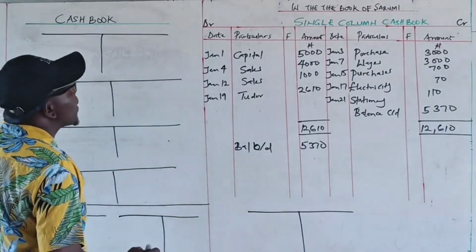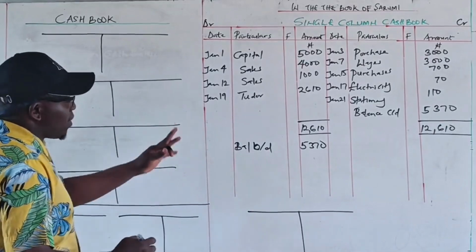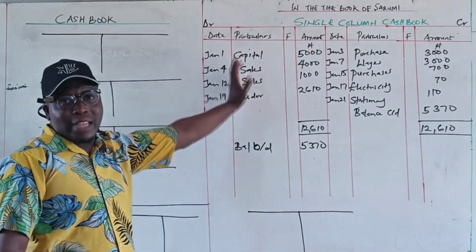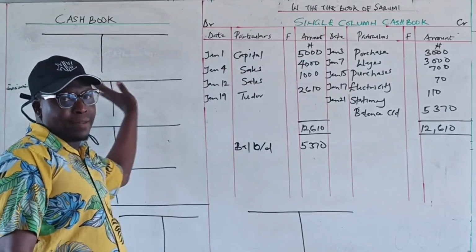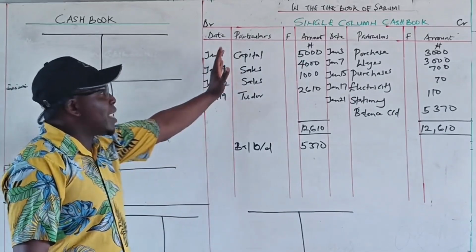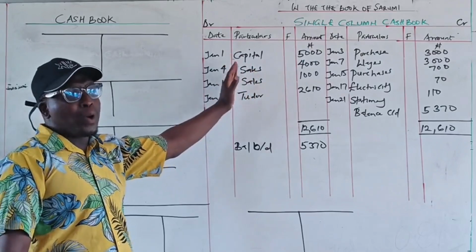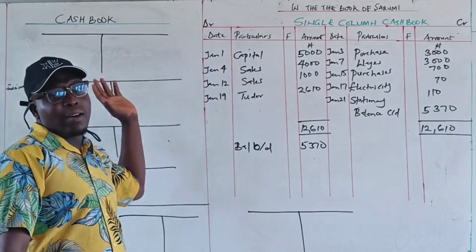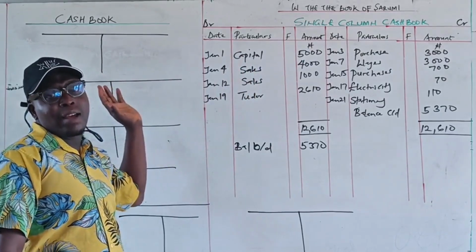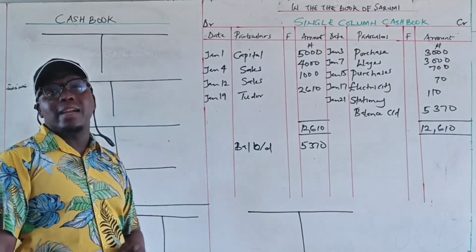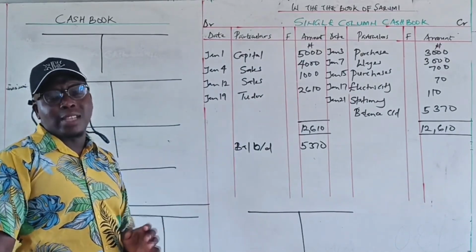Now, what is the procedure in transferring all these accounts to the ledger? Items that you have on the debit side of your cash book will be posted to the credit side in your respective ledger account. This is to complete the double entry system of this transaction.